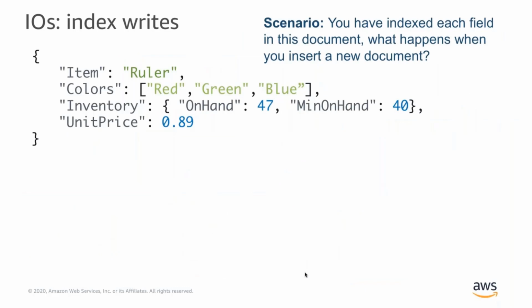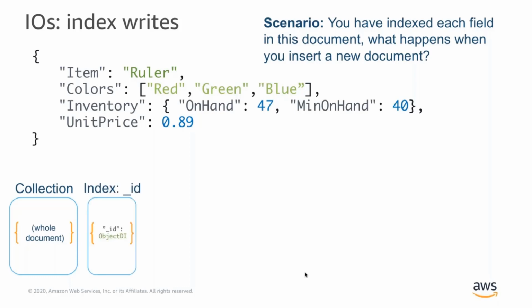Now, so that's on reads, right? Indexed reads are really good because they help speed things up, and we're going to go through an exercise here in a little bit. But with indexes, there's no free lunch, right? If you're going to have indexes, you also have to pay for storing that data. So let's just say we have a document that has 4 fields, and you've indexed each of those fields. What happens from a write I/O perspective when you insert a new document? Well, in your collection, whatever, db.foo.insert, in foo, you're going to store that whole document.